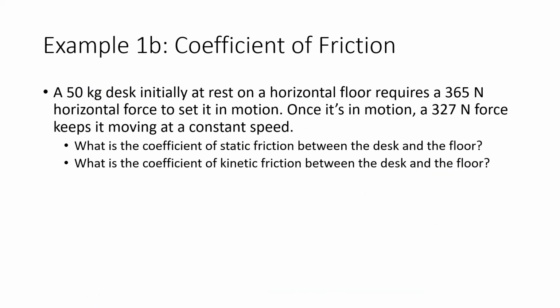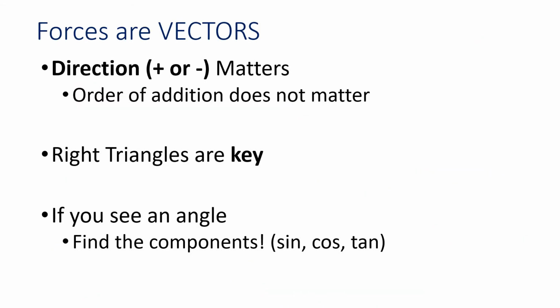Okay, so next one. I want to show you some ones where we've got some forces at angles, because sometimes you don't push something straight, horizontally. You might be pulling on it, you might be pushing it down a little bit. And just like with our previous vectors, right triangles are really important.